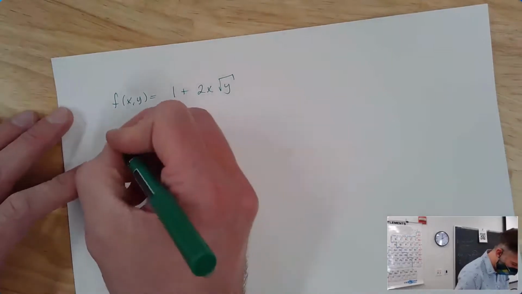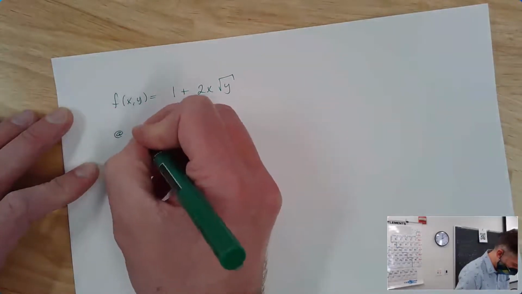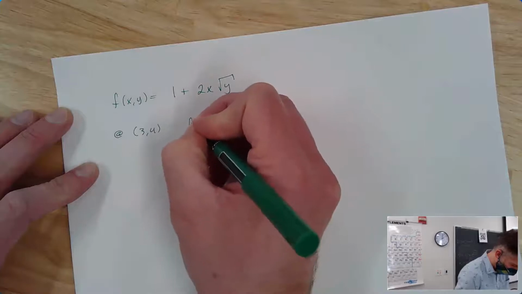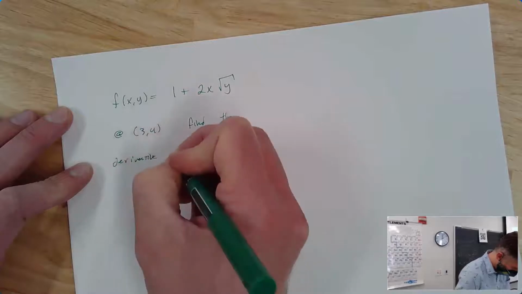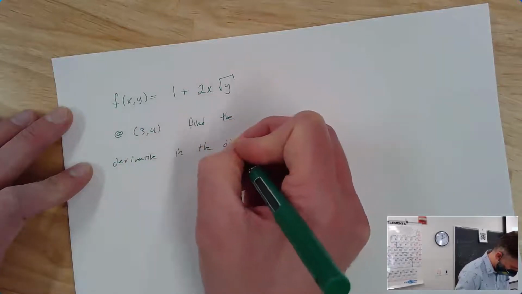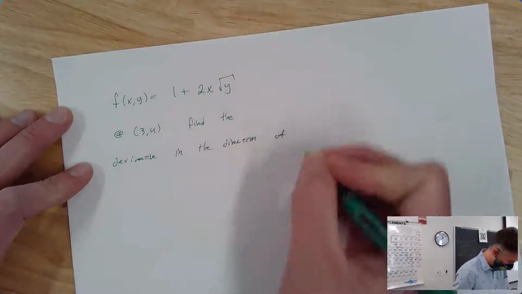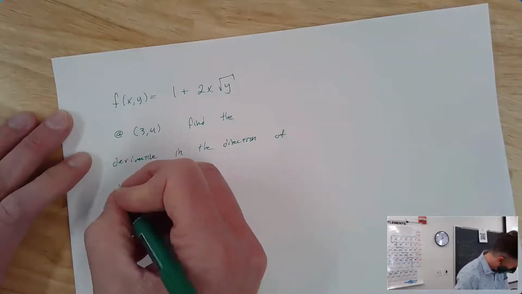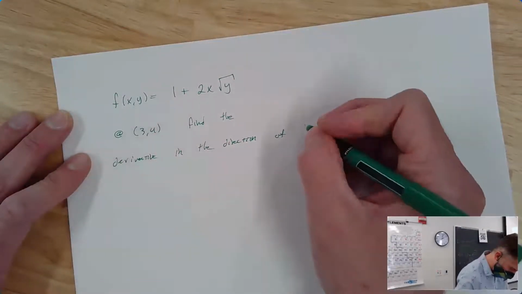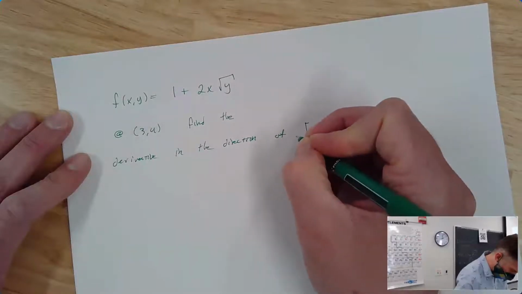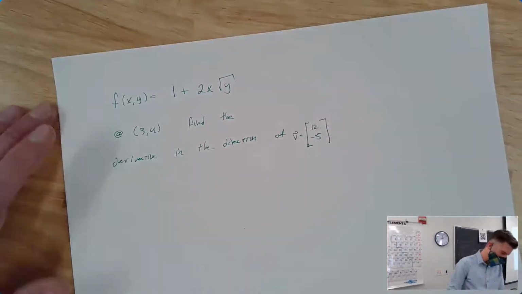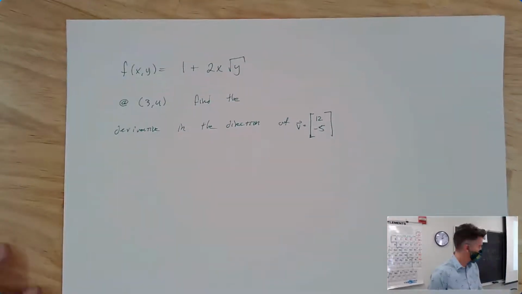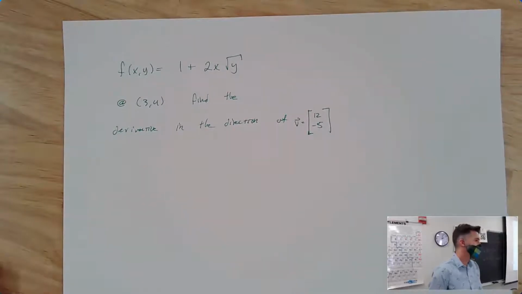And at the point 3, 4, we want to find the derivative in the direction of, sure, let's make it fun, 12, -9, which is definitely not a unit vector, but we should know how to normalize it without too much terribleness.